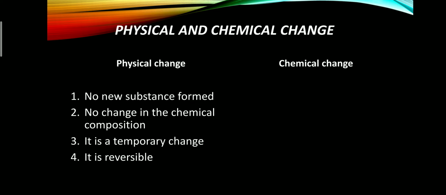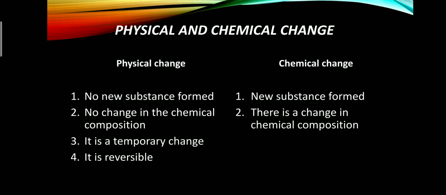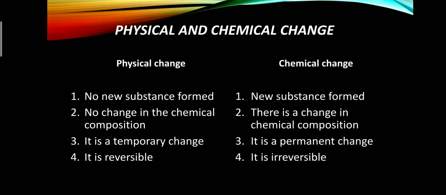Whereas in chemical changes, new substances are formed, there is a change in chemical composition, it is a permanent change, and it is irreversible in most of the cases. So these are the differences between your physical and chemical change.